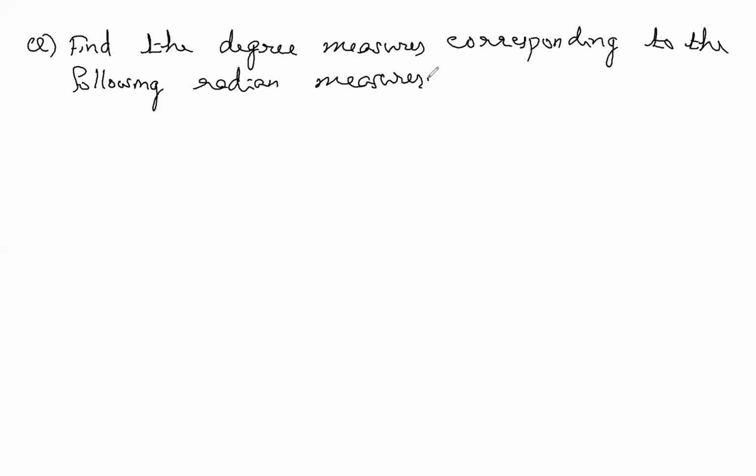Question number 1: 5 pi by 3 radians. We are supposed to find the degree measure corresponding to this radian measure, 5 pi by 3 radians.